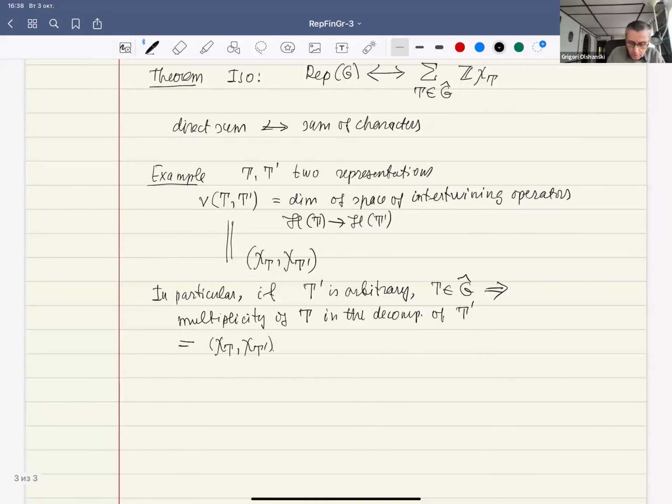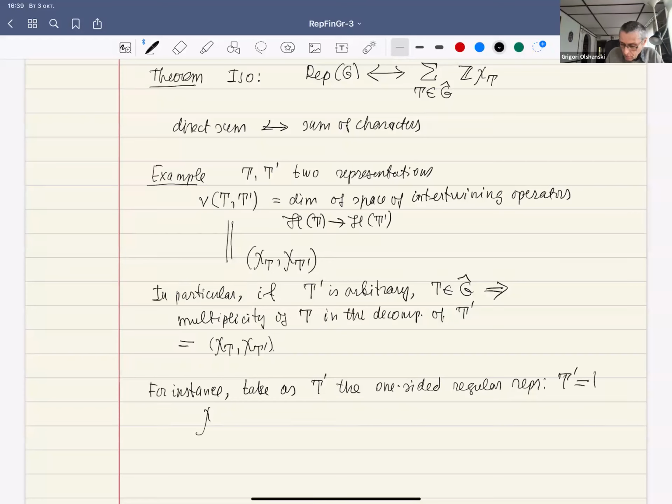And for instance, take as T prime the one-sided regular representation. So we take T prime, the regular representation, right or left, no difference, because they are equivalent.